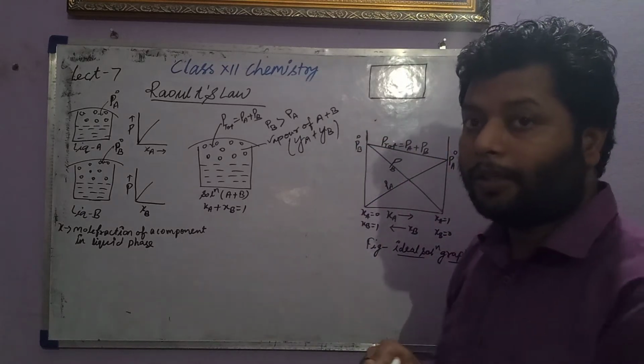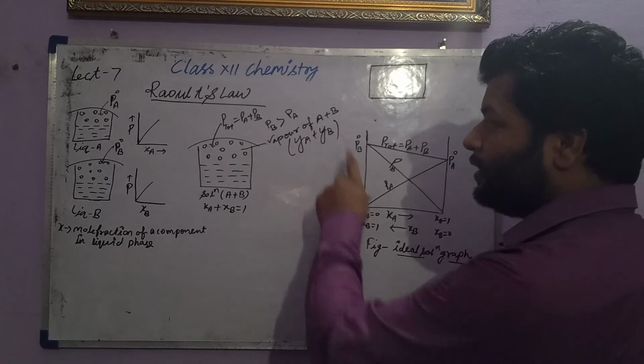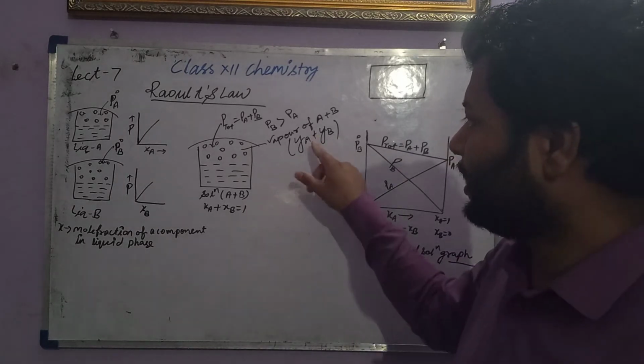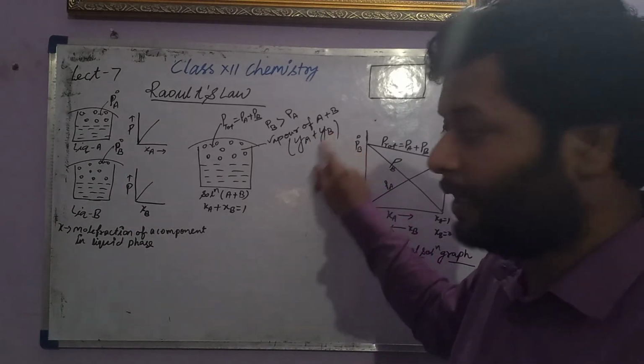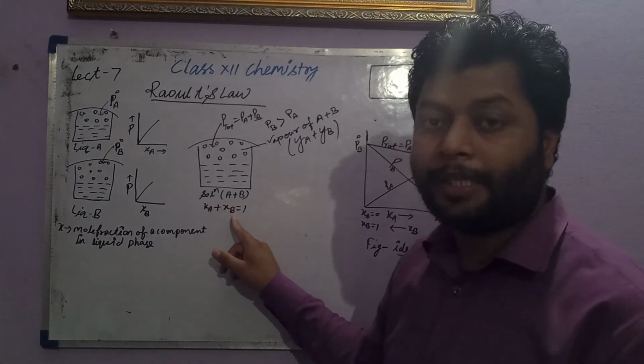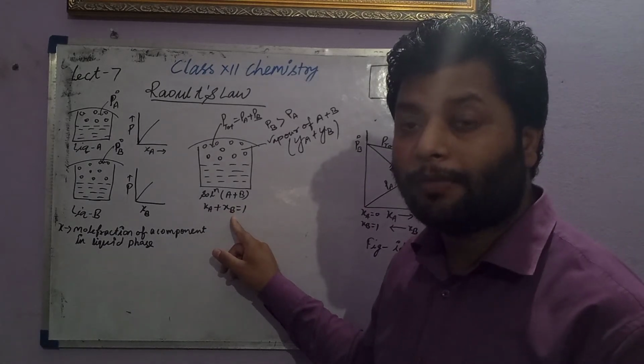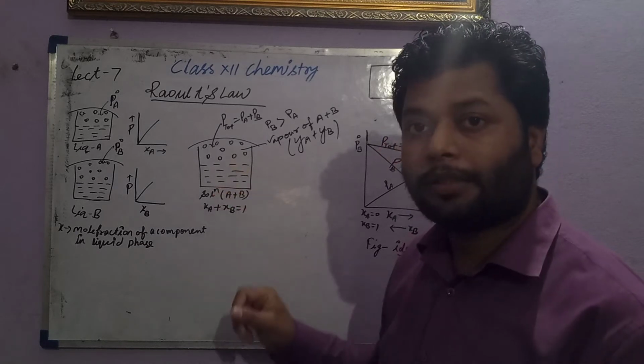This is called the mole fraction of component A and component B in the vapor phase, and this is the mole fraction of A and B in the liquid phase. In a liquid phase.